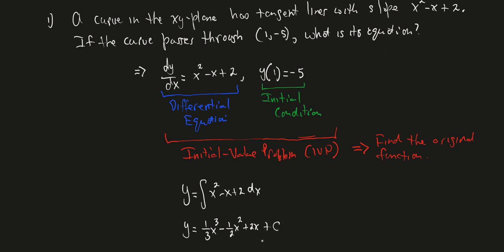But remember, we're not just coming up with one function, but infinitely many parallel curves that all have the same derivative. Sometimes at this step in the solution of an initial value problem, because you're finding all the possible antiderivatives that would satisfy the differential equation, this is referred to as the general solution.